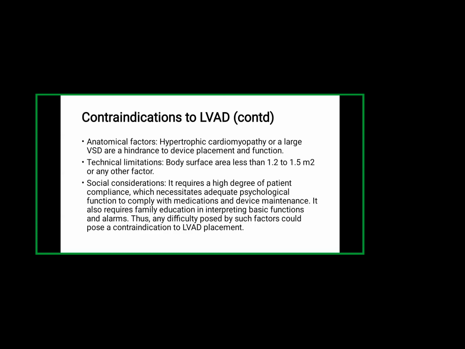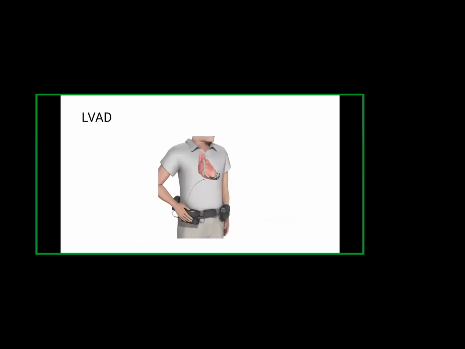You won't put an LVAD in psychiatric patients or patients who cannot comply with anticoagulation. The patient must be able to operate the device and take instruction, and the patient and family members must be able to interpret basic functions and alarms, because any difficulty could pose serious harm or danger to the patient. So you need to be sure that all those things are in place before considering an LVAD.